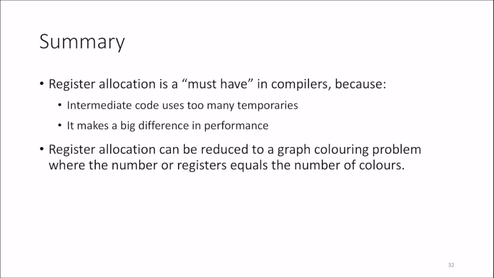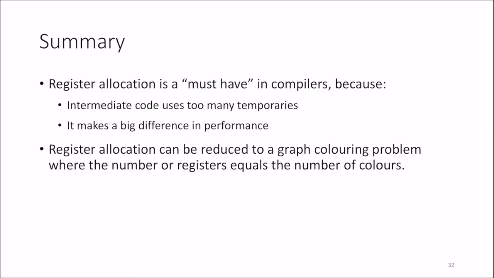So in summary, a register allocation is a must-have because intermediate code uses too many temporaries. And register allocation makes a huge difference in performance because you can do a lot of the computation without calling out to main memory, which is quite an expensive thing to do in modern architectures.